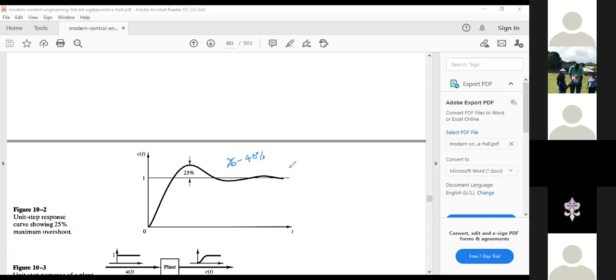And like we said, it's going to give you zero error, and it's going to be resistant against noise.